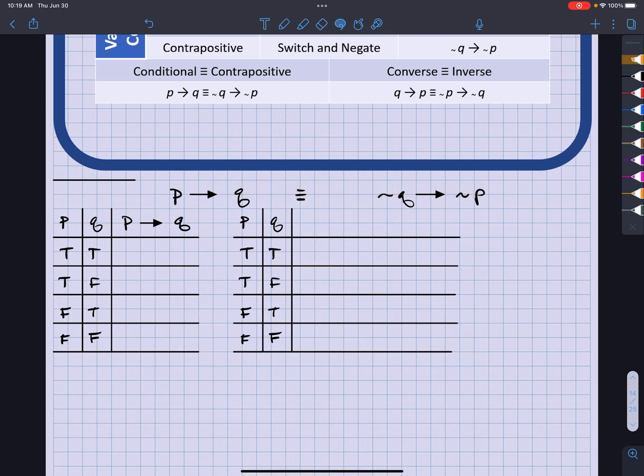There we go. All right, so P then Q. So I do P then Q. The only time if P then Q is false is if the premise is true and the conclusion is false. So this is going to be a true, true, false, true. And the way I talk about this is that if you wash my car, I give you $50.